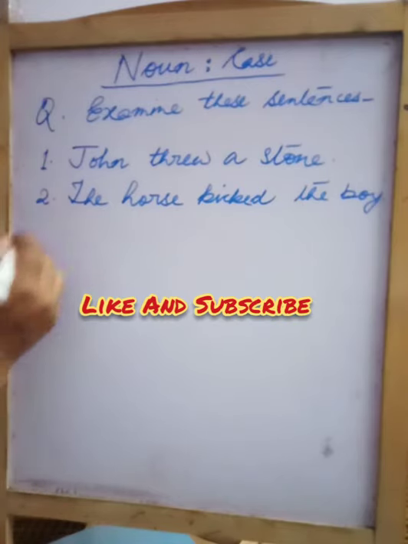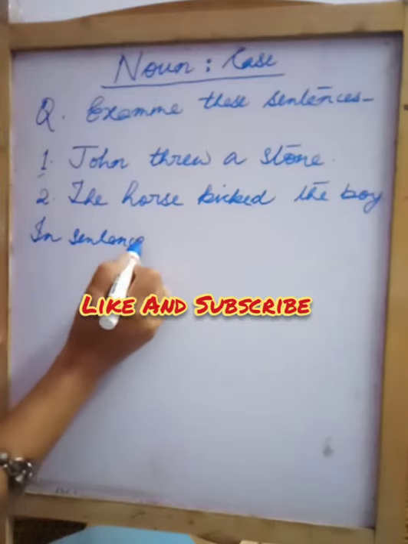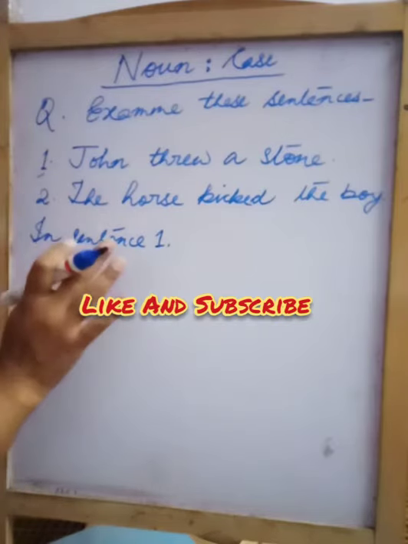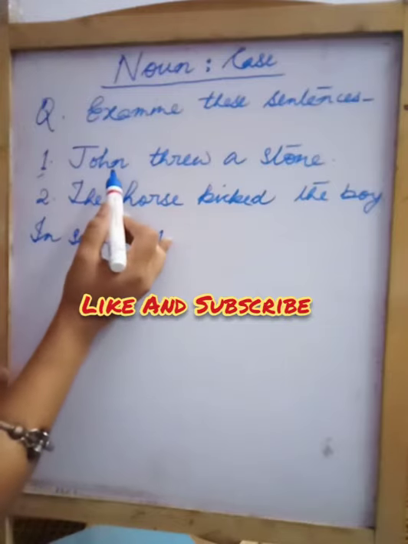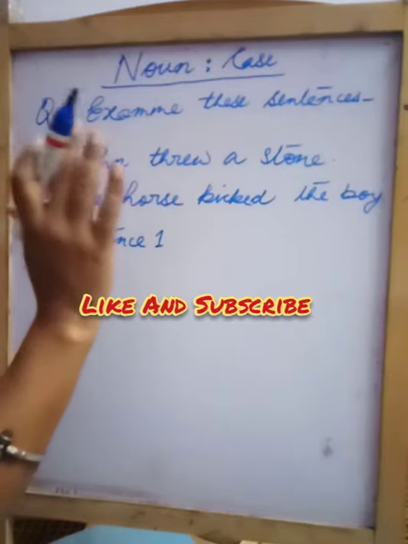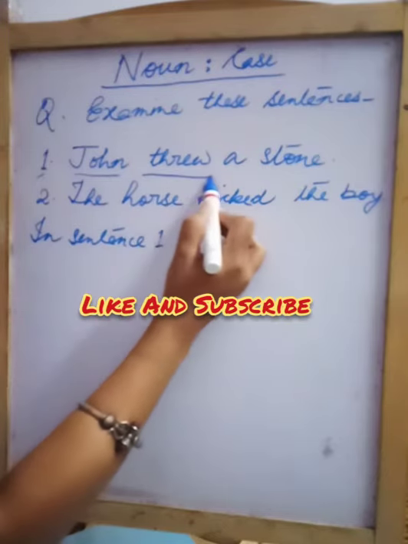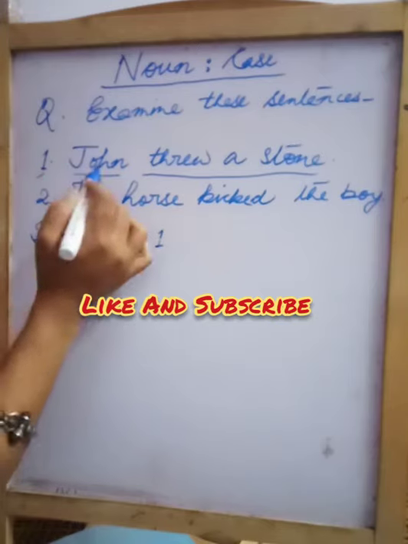Alright. So, in sentence 1, have a look closely. In sentence 1, who is the subject here? You know, in a sentence there are two parts, the subject and the second part is the predicate. So which is the subject here?